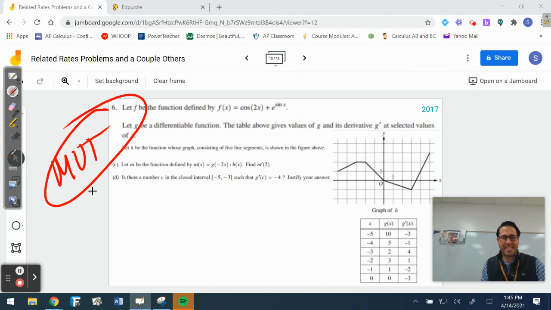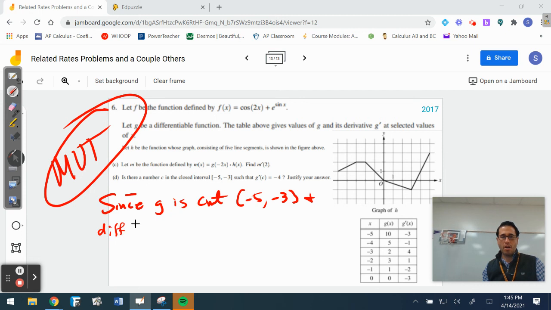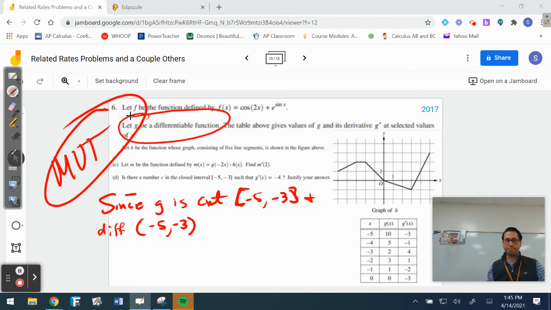Write out the MVT, since G is continuous on the closed and differentiable on the open, which means they had to say somewhere that it was differentiable. G is a differentiable function. So since G is continuous and differentiable, remember, we know it's continuous because if it's differentiable, it implies continuity.